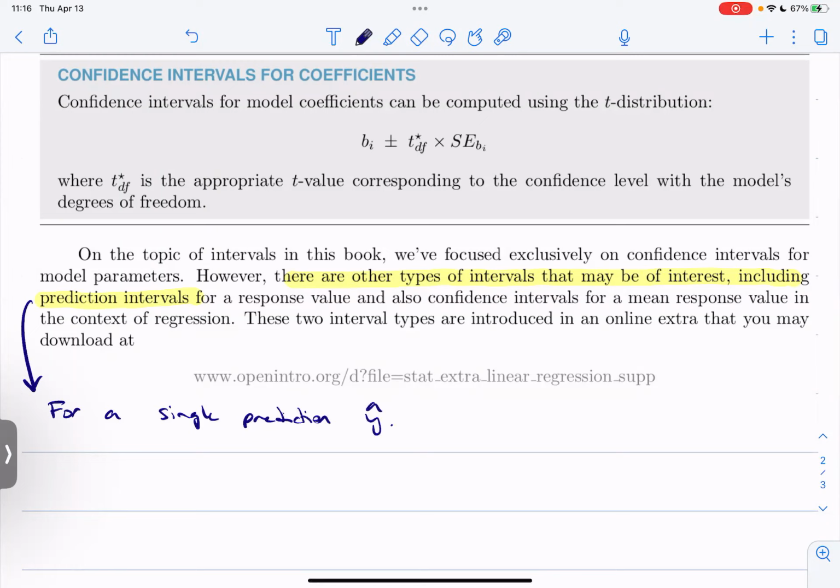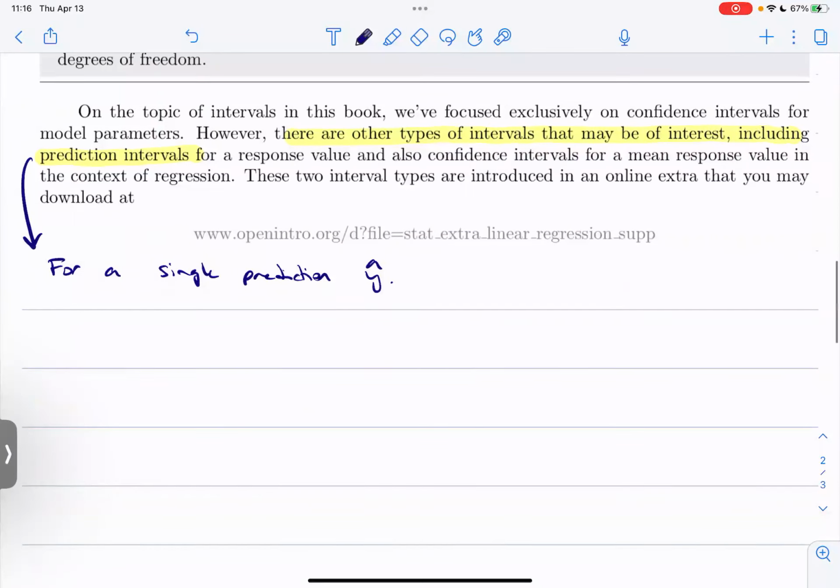You can build an interval around y hat because that's also a point estimate, but it behaves a little bit differently just because it's a single prediction. And with that, the end.